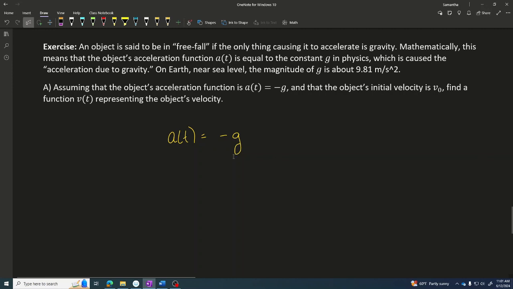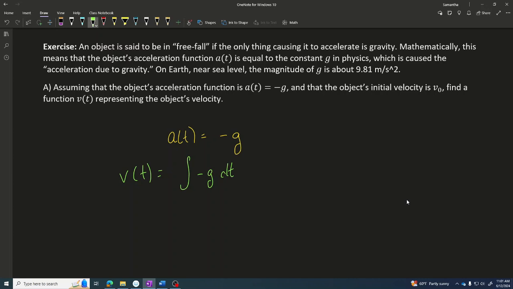From this constant acceleration function, let's go ahead and find the object's velocity function. Now we remember that velocity is just an antiderivative of acceleration with respect to time. And so I just need to figure out precisely which antiderivative it is.